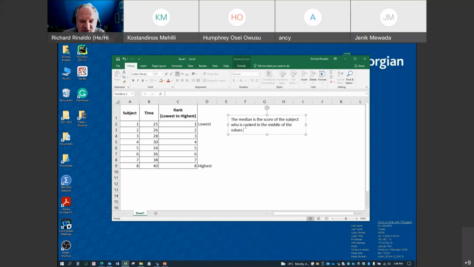So the median is the score of the subject who is ranked in the middle of the set of values, with the values ranked from lowest to highest.